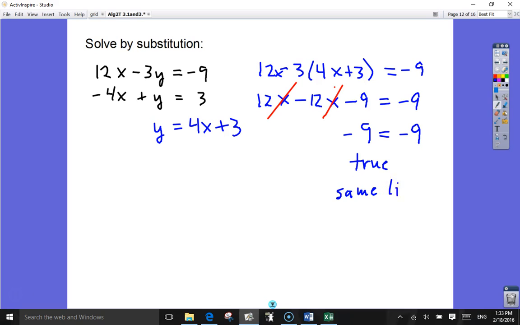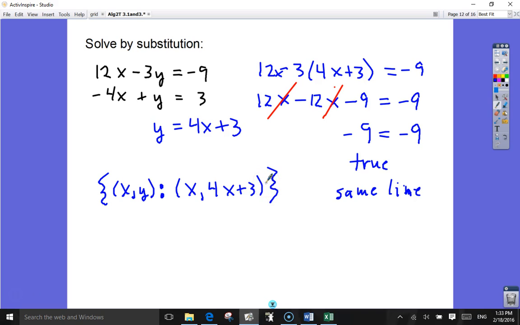There's infinitely many solutions. Sometimes, and I don't know whether this book does it, when you go to the back of the book and you look for your answer, they don't just say same line and walk away from it. They might use set notation and say, this is the set of all points (x, y) such that, it can either be a colon or a bar, the points are of the form (x, 4x plus 3).